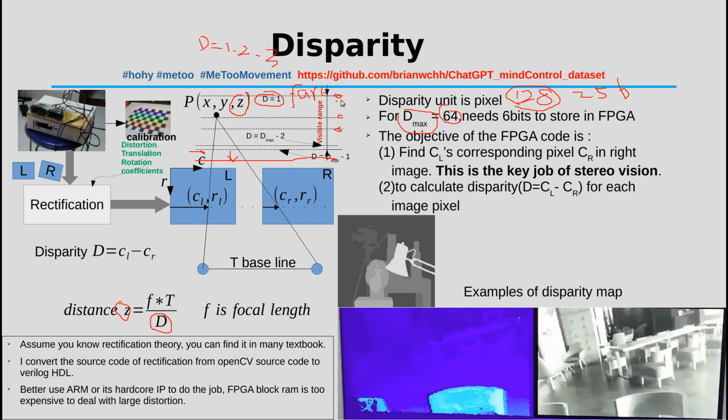So the farther away, the larger the error, because with this stereo vision you cannot tell which distance it is. Maybe you will say, oh, it belongs to this one. So the error rate is much larger the farther away. As it gets nearer and nearer, the error becomes smaller and smaller.